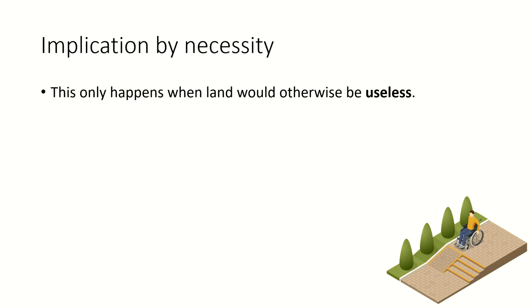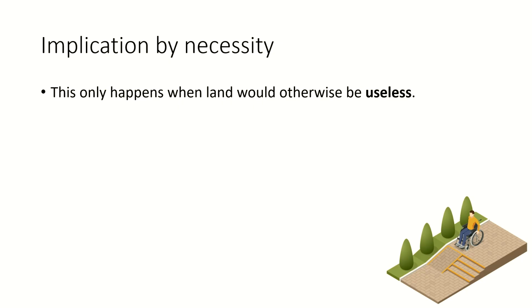And I mean useless, it's not anything like convenience or making things a bit easier, nothing like that. It has to be something that is of complete vital importance, and the land wouldn't really work without this easement.